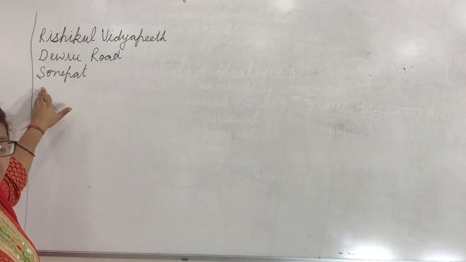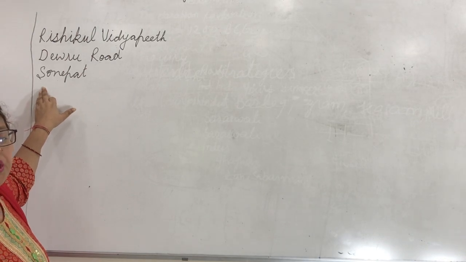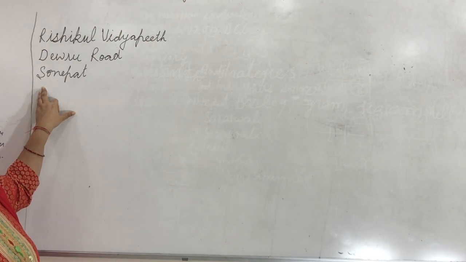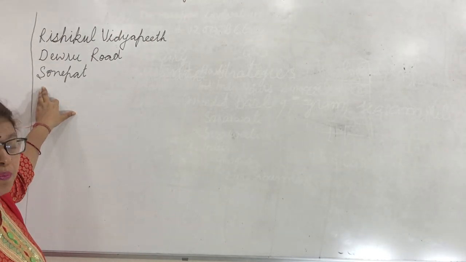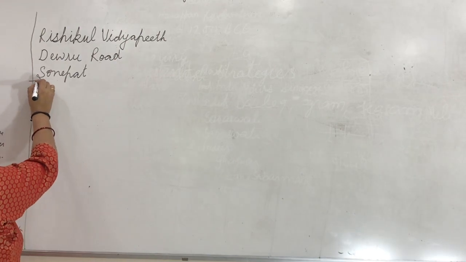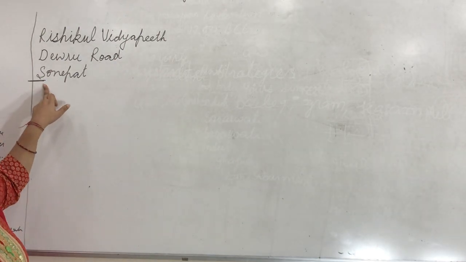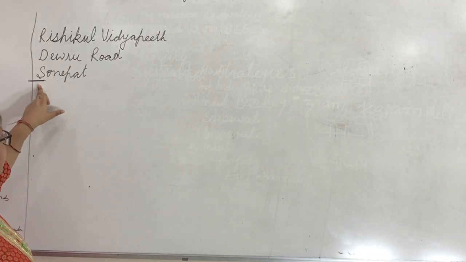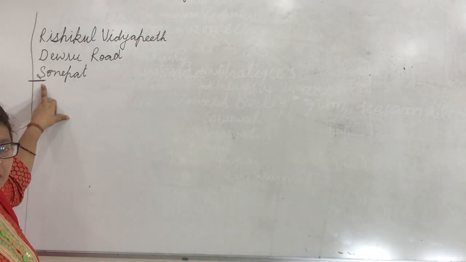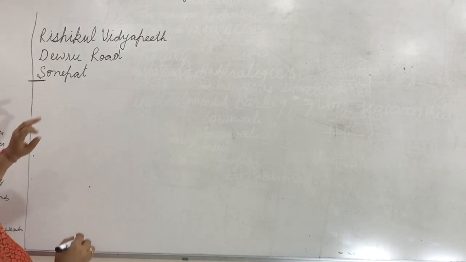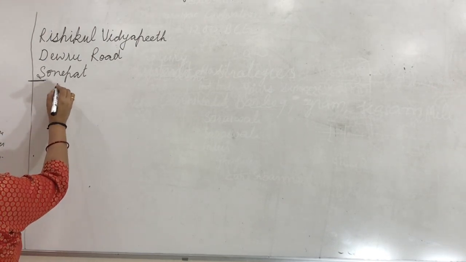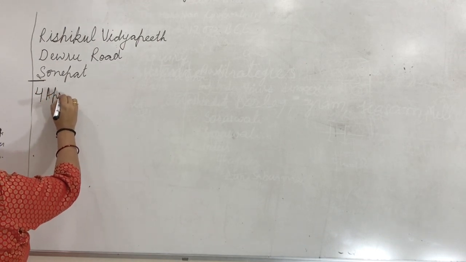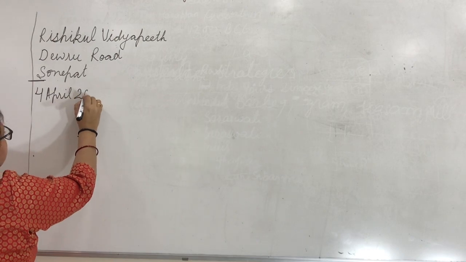After that, we are to leave one line. To remind you that I am leaving one line, I am putting one simple line here so that you can remember that you are supposed to leave one line here. After leaving one line, we are to write date. So I am writing date, and what is the date of today? It's 4 April 2020.